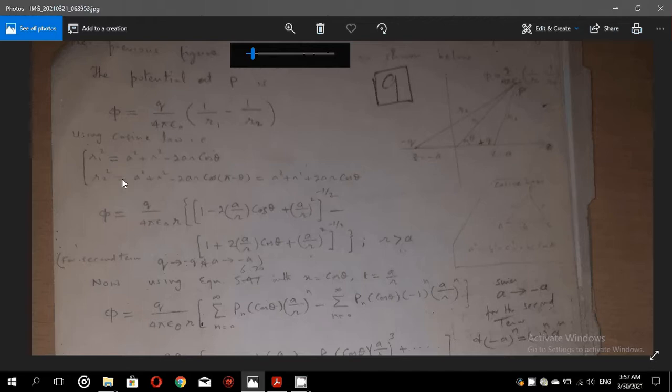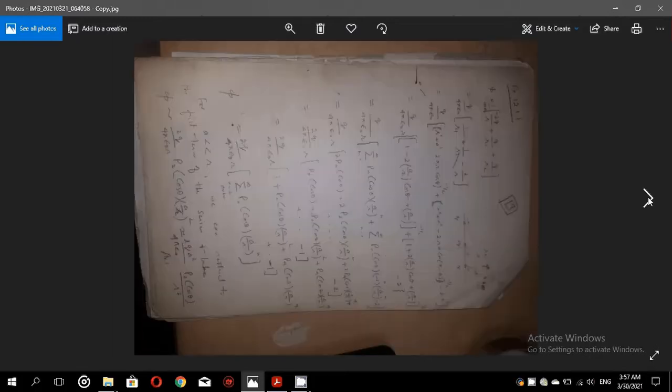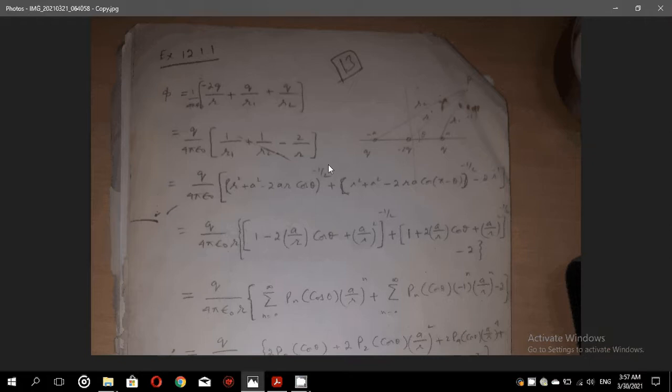Okay, this is page number 13 in fact. So let me go to that particular page, page number 13. Yeah, this is the way.